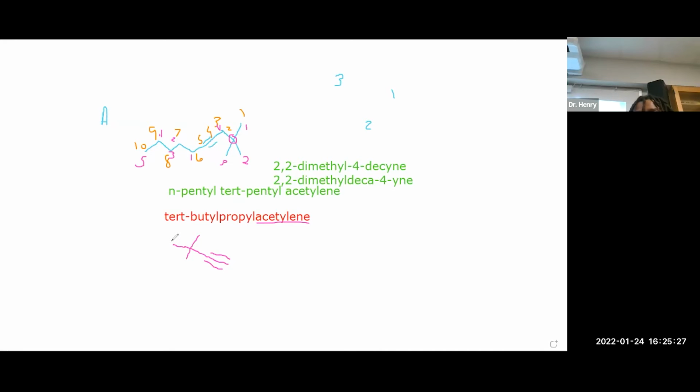Like this? Are you sure? So 1, 2, 3, right? And then this will be our fourth one, right? Tert butyl is 4, isn't that correct? So if we're looking at tert butyl alone, okay, that's my tert butyl.